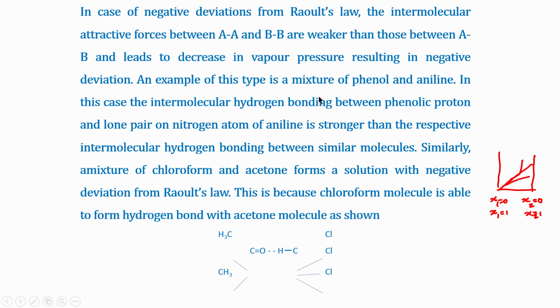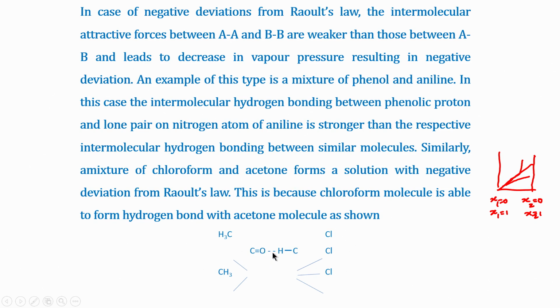So, here we have a mixture of chloroform CHCl3, and this is how it is represented, carbon with H and Cl Cl Cl, and acetone, similarly chloroform and acetone, CH3COCH3 is acetone, okay, and here I have CHCl3.